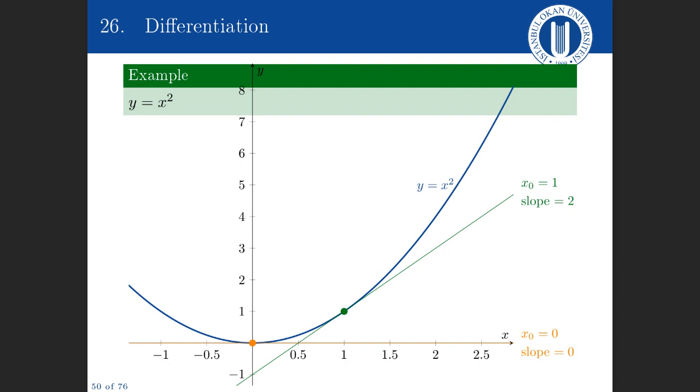When x is equal to 0, we can draw a tangent line, measure the slope of the tangent line, and we can see that the slope is 0. So the slope of the blue curve when x is equal to 0 is equal to 0. And one more. The slope of the blue curve when x is equal to 2 is the same as the slope of the red line, and that has slope equal to 4.